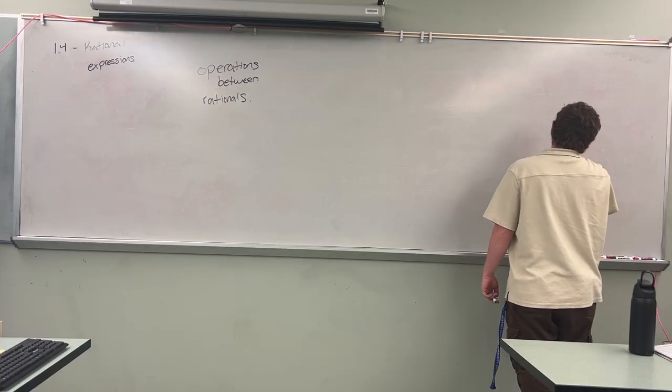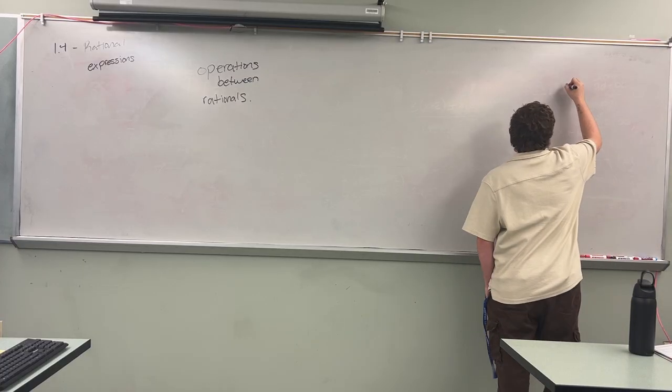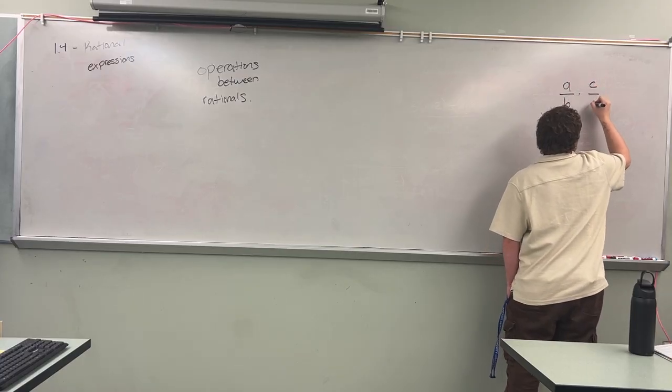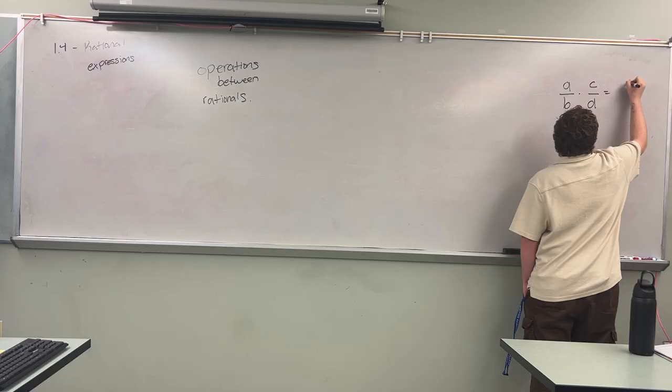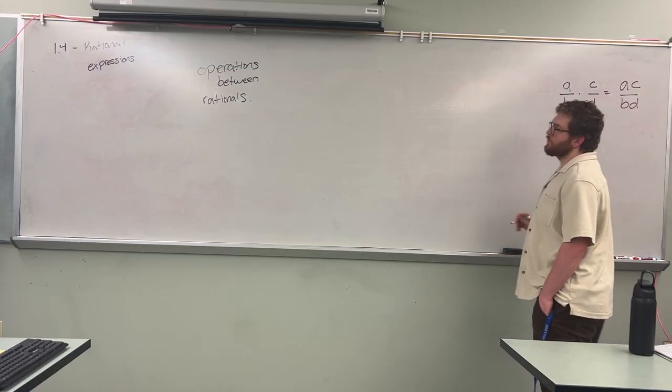This problem is going to involve instead polynomial multiplication or fraction multiplication. Remember when we multiply fractions, we can literally just multiply directly across. The multiplication works the way we think it does.